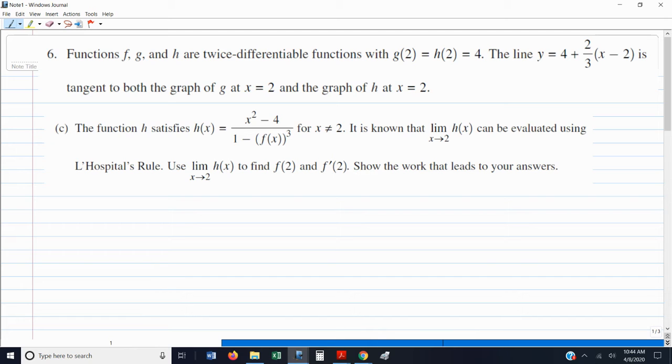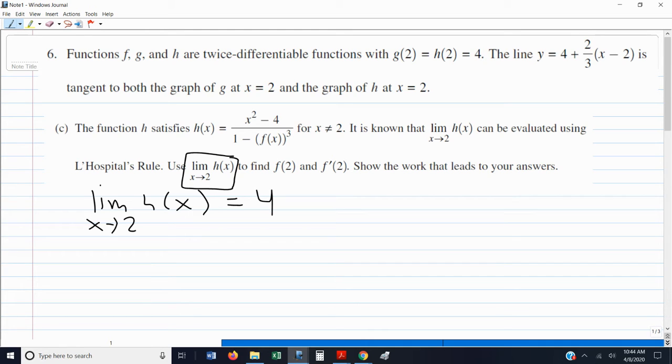So first, I want to look at this limit as x goes to 2 of h of x. We actually know that that is going to be 4.